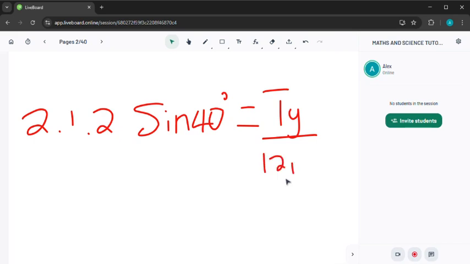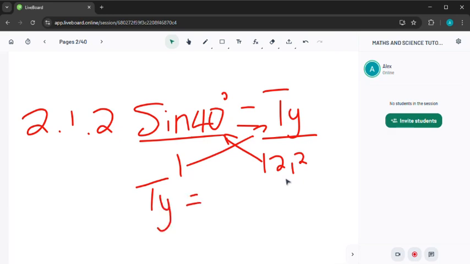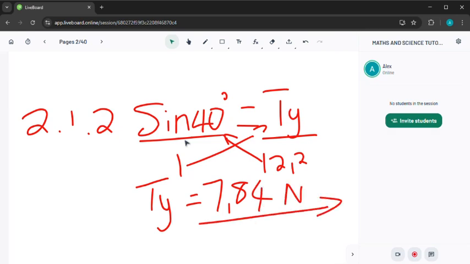Therefore we can cross multiply, so Ty is equal to 12,2 multiplied by sine 40 degrees, that is equal to 7,84 newtons, and that is for 2 marks.